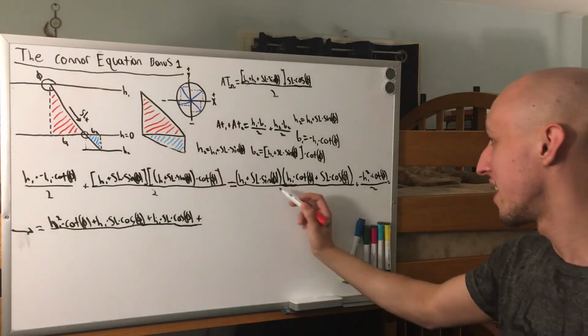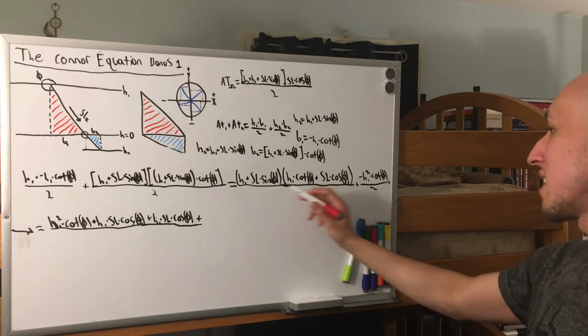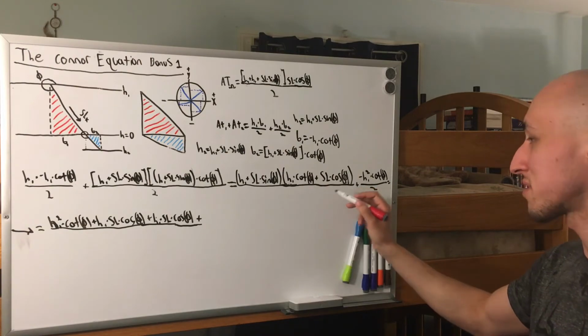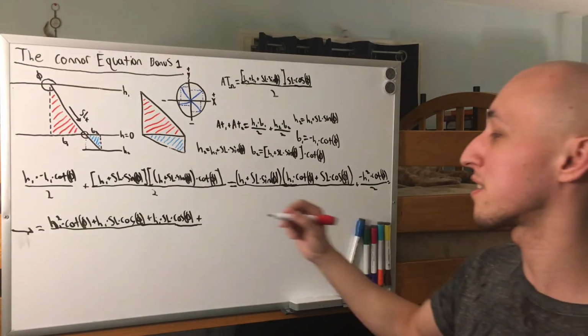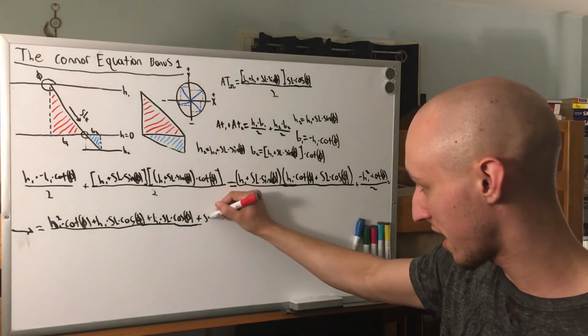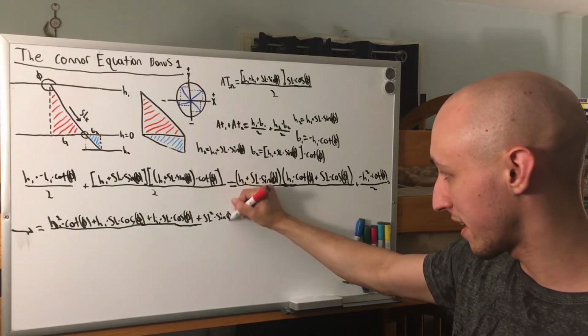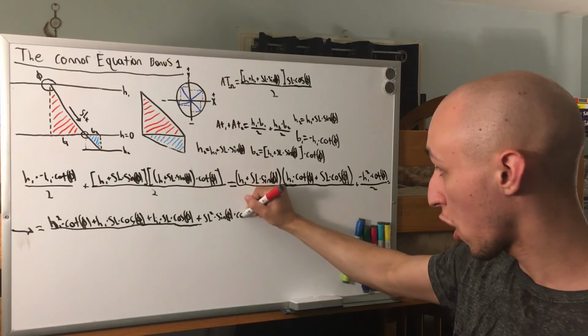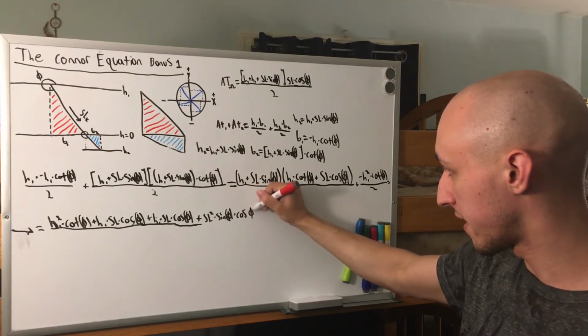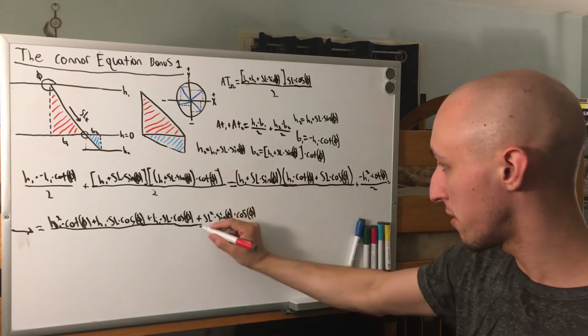Very observant. And now the last one is SL sine phi times SL cosine phi. That's going to be SL squared sine phi cosine phi. Excellent. Let's keep going.